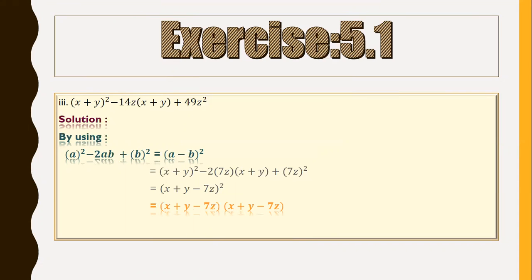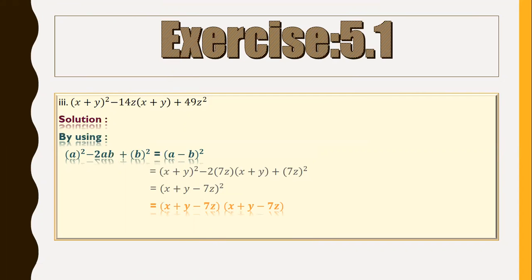So when we combine the terms, it will be (x plus y minus 7z) whole square, because this is (a minus b) whole square and a is x plus y. So no change in the sign of x plus y.